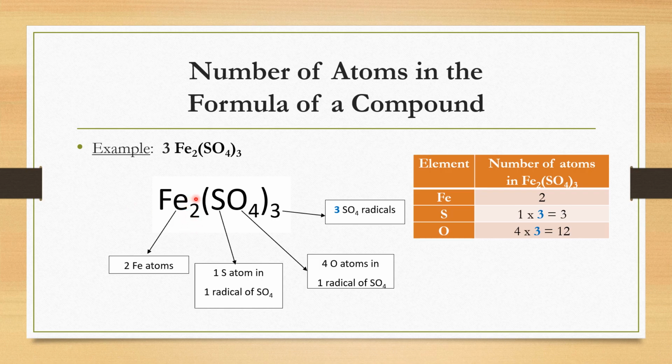As you can see, there are 2 atoms of Fe. There are 3 SO4 radicals. In 1 SO4 radical, there are 1 sulfur atom and 4 oxygen atoms. Thus, the total number of sulfur atoms in Fe2(SO4)3 is 1 times 3, which is 3. And the total number of oxygen atoms is 4 times 3, that is 12.